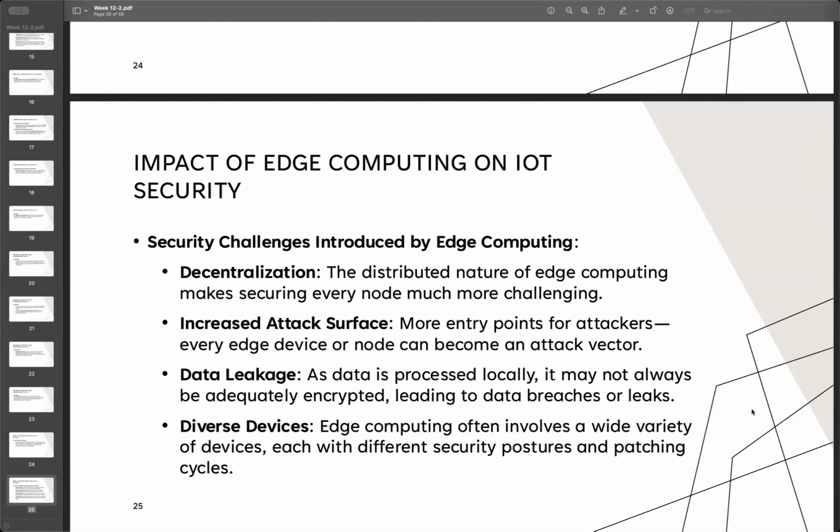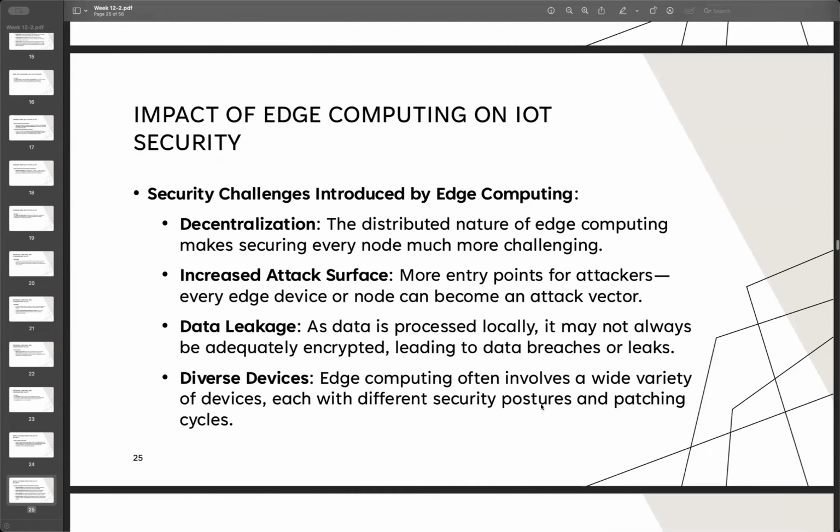Also the diverse devices, because edge computing has a variety of devices. For example, we're using Raspberry Pi, but in industry there may be other devices. You never know. They have different security postures and patch cycles, so it's really hard to control.